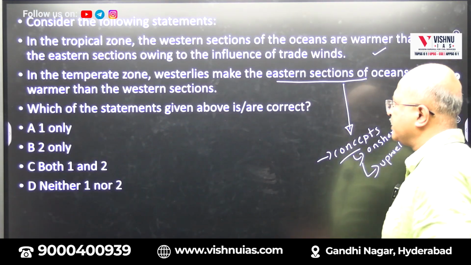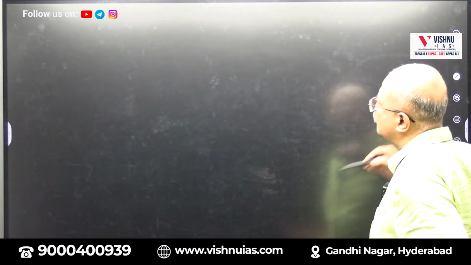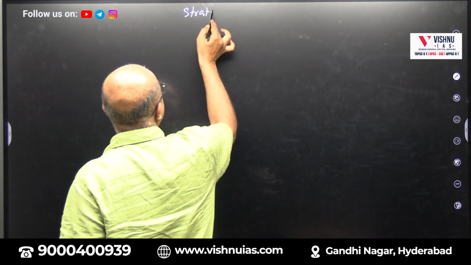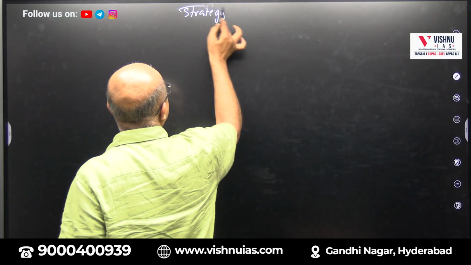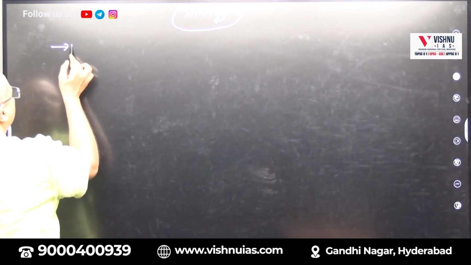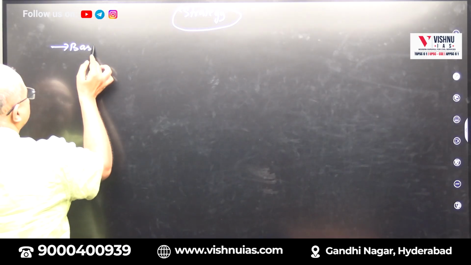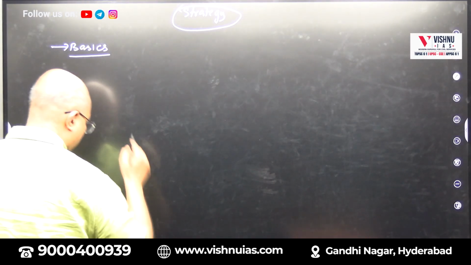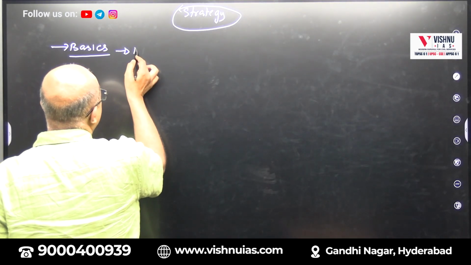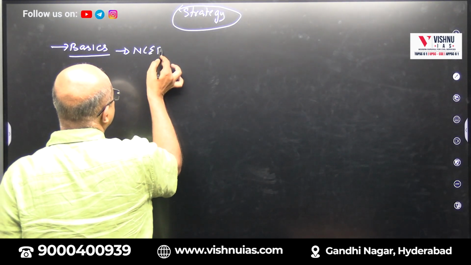Now, to answer all these, what is required as a strategy in geography? What strategy should you keep in geography? Now, the first strategy is that you should be good enough in your basics. Now, to have more command on the basics, you should be good enough in your NCERT.